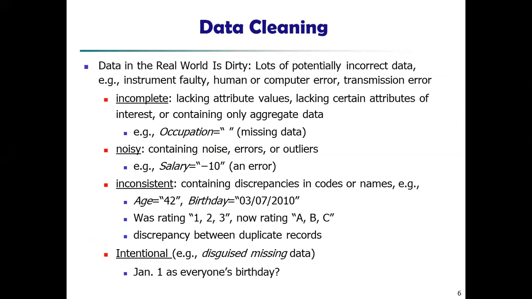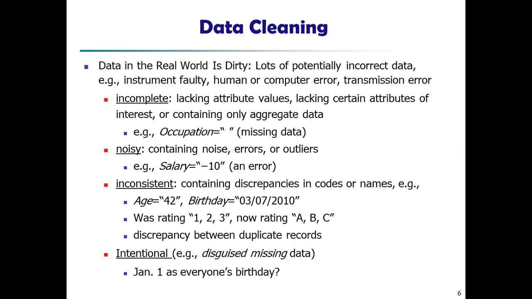See this slide. Data in the real world is dirty: lots of potentially incorrect data. For example, the instrument is faulty, or there is human or computer error, or transmission error. While typing the information, we make typing mistakes; there are instrument problems; and while communicating the data, there are transmission errors.